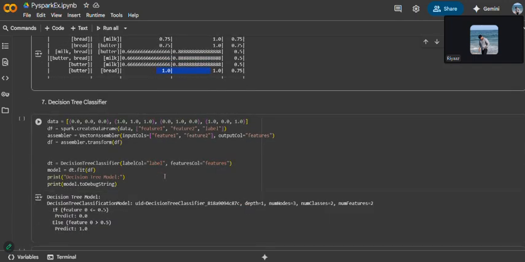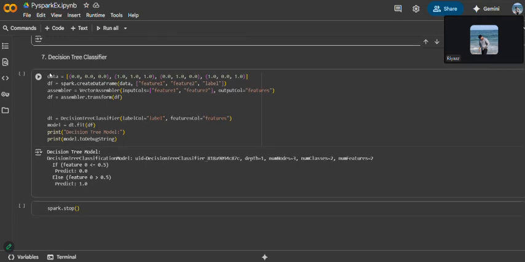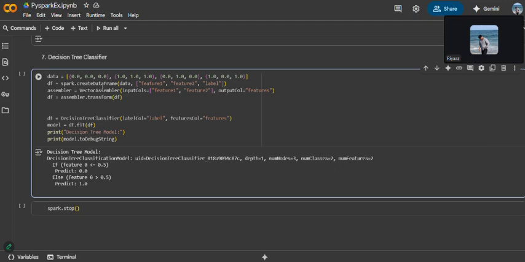Now we are going to see about the decision tree classifier. A decision tree splits the data into branches based on feature conditions to classify the labels. Here we are getting the data as this, and we are mentioning the DataFrame columns as feature 1, feature 2, and label. Feature 1 we consider as label 0, and feature 2 is considered as label 1.